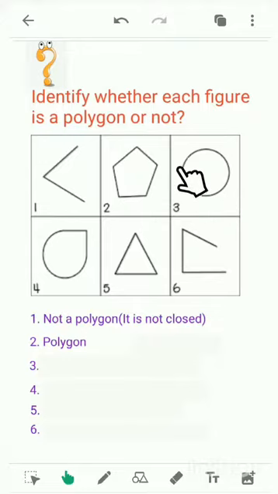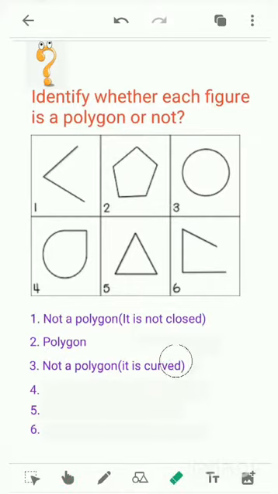It's a curved figure. Therefore, it's not a polygon. The fourth figure is also a closed and curved figure. There is a curve in this figure. Therefore, it's not a polygon.